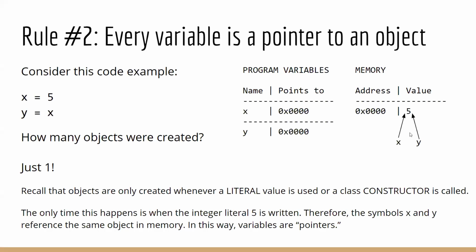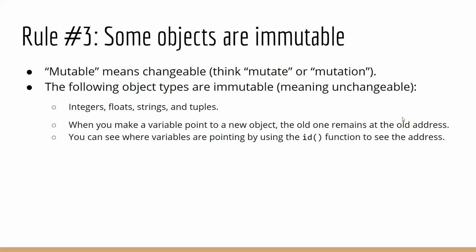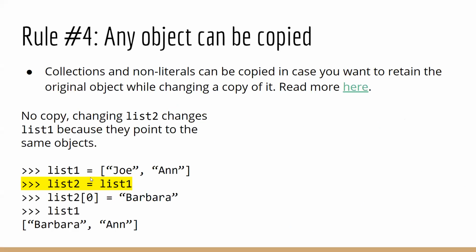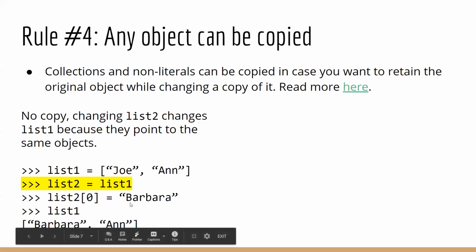They were just pointing to the same value, right? So it's the same thing in this case. When we set list 2 equal to list 1, there wasn't a new list created. List 1 and list 2 are both pointing to the same thing. So if I change something on list 2, that also gets changed on list 1.